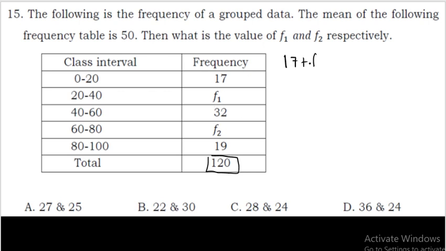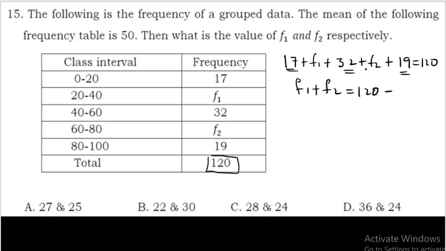17 plus F1 plus 32 plus F2 plus 19 is equal to 120. That means F1 plus F2 is equal to 120 minus 17 plus 32 plus 19. We can add the constants and shift them to the other side.